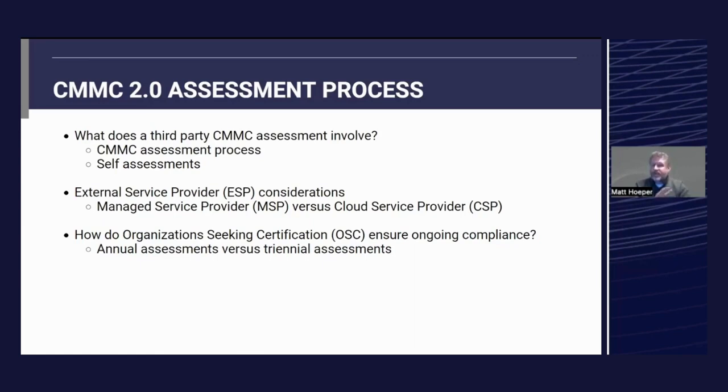What you want to make sure is that you're not just saying it's not applicable because, for instance, you're not using wireless. So take a practice that talks about wireless connectivity and making sure that the confidentiality of the connection is there.